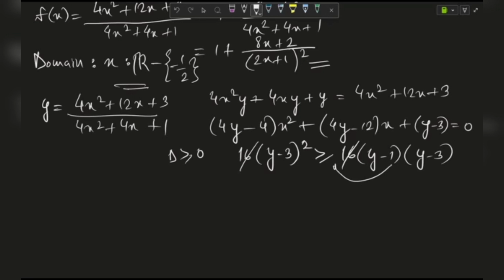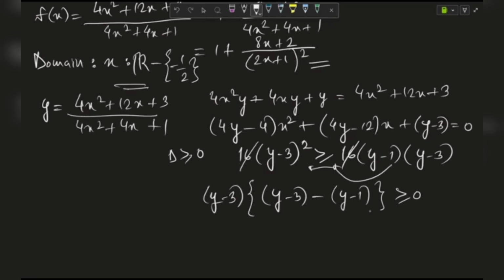Now we move this to the LHS and take y minus 3 common. So we will have (y minus 3) times ((y minus 3) minus (y minus 1)) greater than or equal to 0. The y's get cancelled, and we have a constant of minus 2, so 2 doesn't matter, and because of the minus sign this becomes y minus 3 less than or equal to 0.